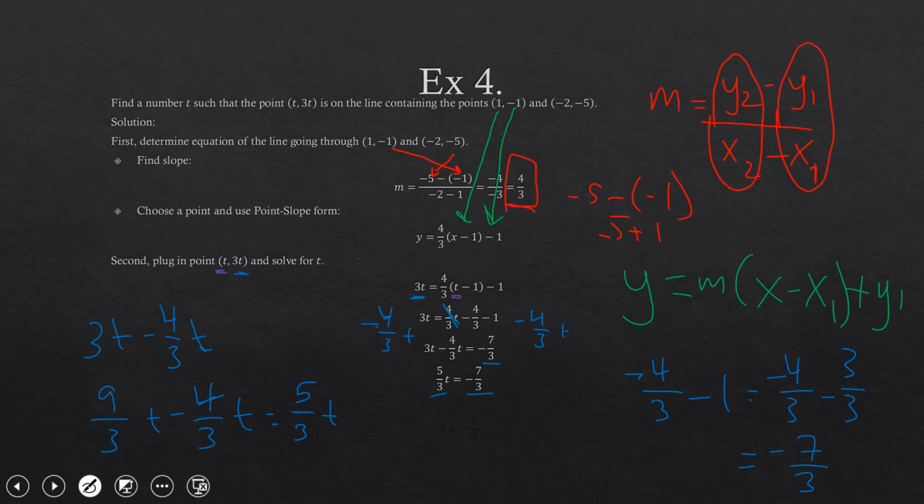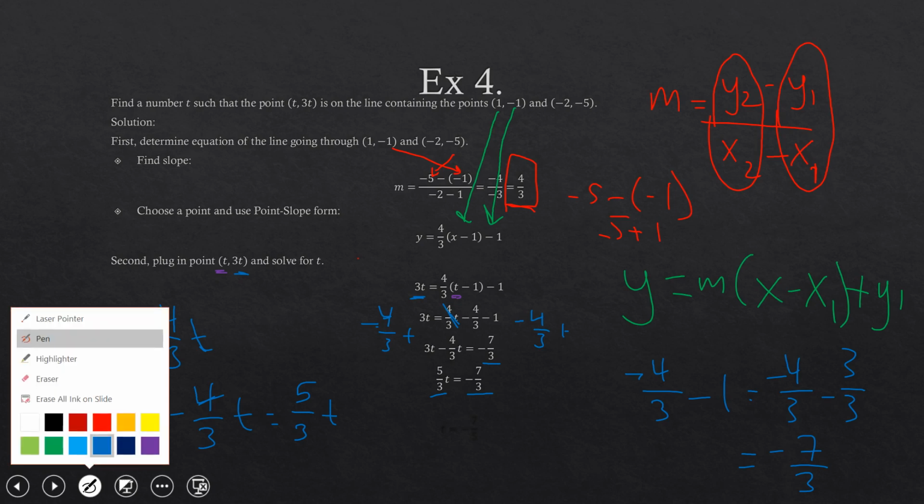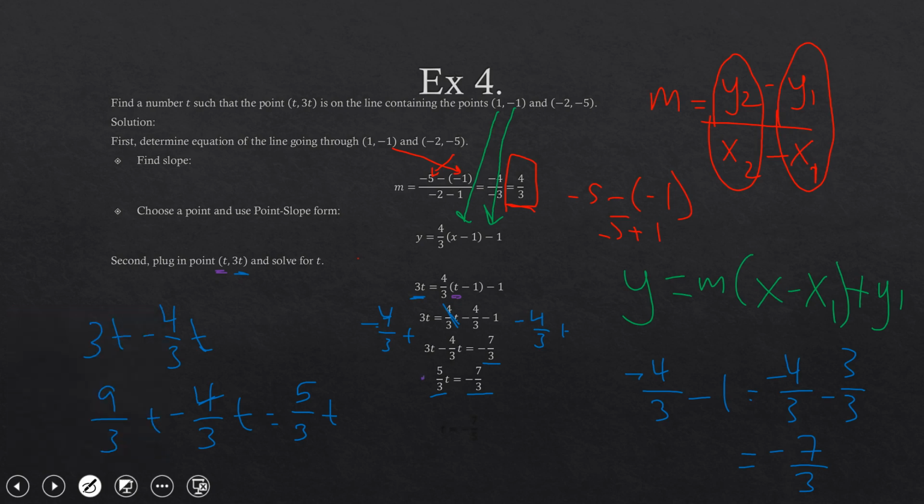And now we just multiply both sides by the reciprocal. So this is times 3 over 5, the reciprocal of 5/3, rather. So that's going to cancel those 3's, and those 5's are going to cancel, and that's just going to give us t by itself. And then on the right-hand side, those 3's are going to cancel, and that's going to give us -7 over 5 as the final answer. So t equals -7/5.